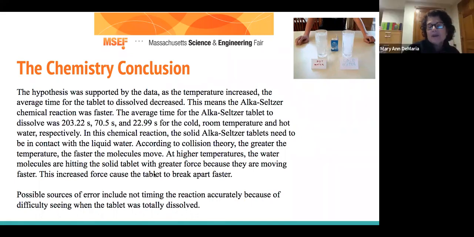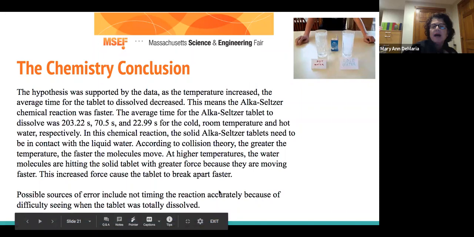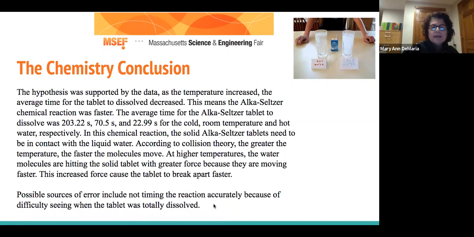And then, see how the second paragraphs have gotten really minimal. So possible sources of error include not timing the reaction accurately because of difficulty seeing when the tablet was totally dissolved. My students like to make stuff up. Sometimes there's very few errors.